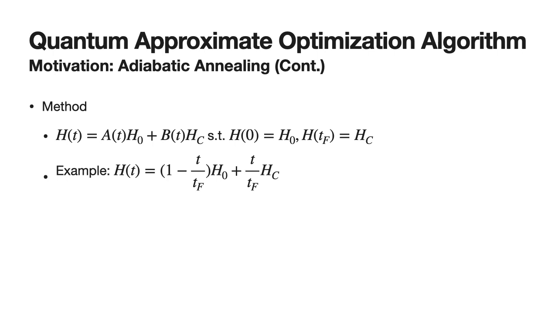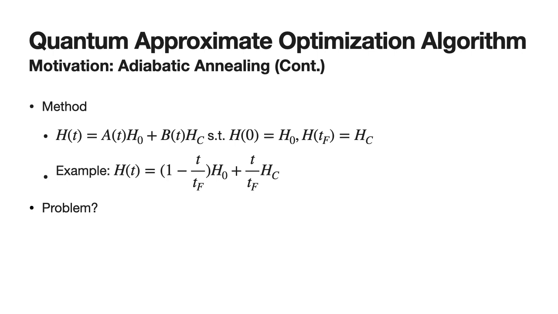The power of this adiabatic approach is that if done perfectly slowly, it allows us to find the ground state of extremely complex Hamiltonians, HC, by leveraging a gradual path from a simple starting point H0.